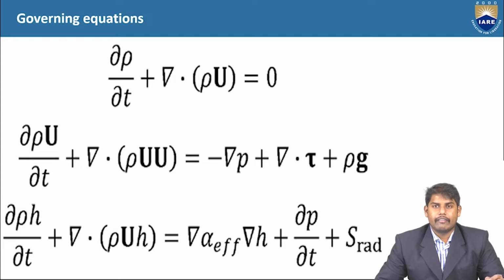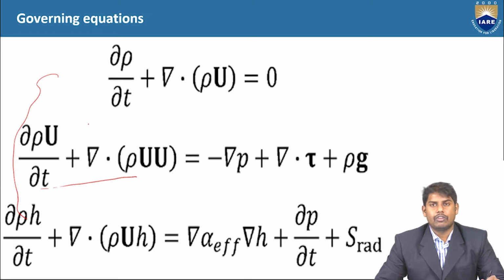So these are the governing equations which we had seen. In order to solve any fluid flow or heat transfer problem, these three equations are used. The continuity equation and energy equation are written only in scalar form, whereas the momentum equation is written in vector form. You can see that equation 2 is written in vector notation.